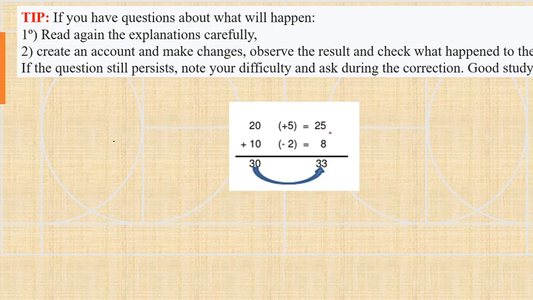And then if I do this operation, 25 plus 8, it is 33. And if we check here, 30 to 33, I have added 3 units. And if you do this operation here, 5 minus 2, it is 3, as we saw before. Okay?